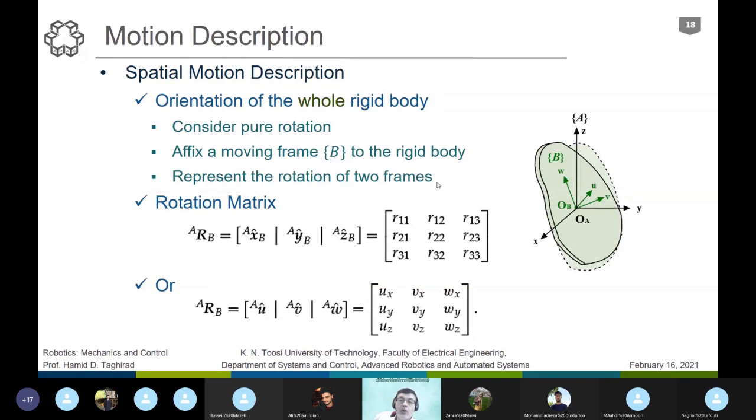All of them rotate together. The points and positions are different. If you move, this point goes to the left and this point goes to the right. But in terms of orientation, in terms of angle, all of them have the same angle or the same representation. So for angular motion, we consider pure rotation of the whole rigid body.